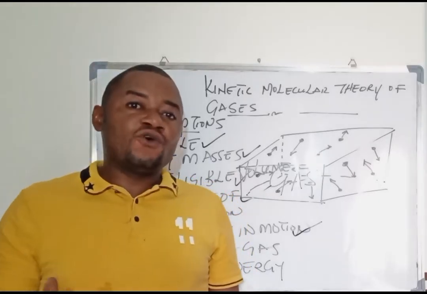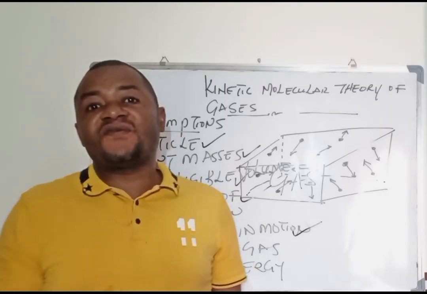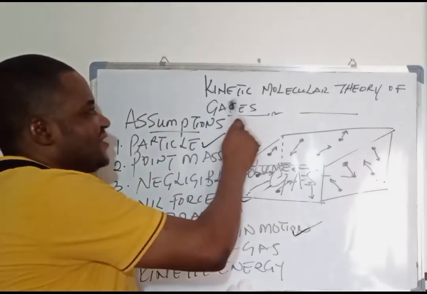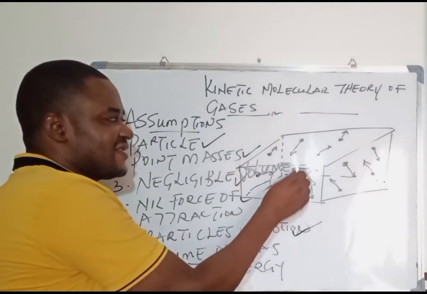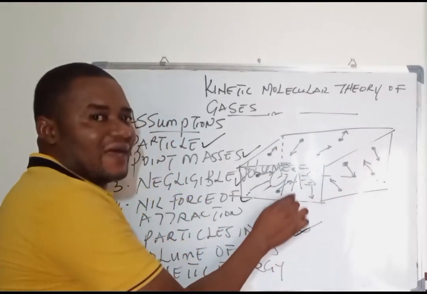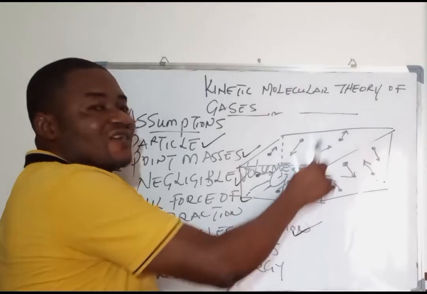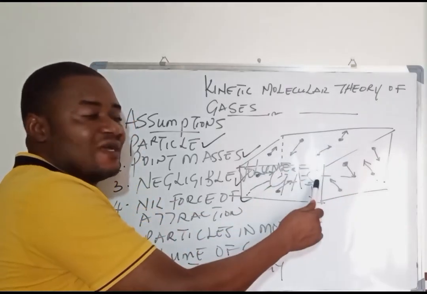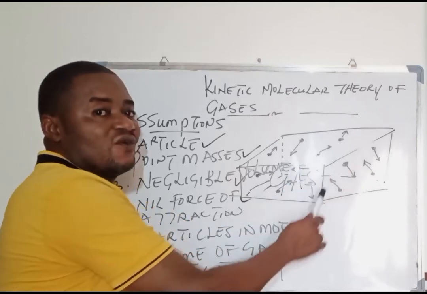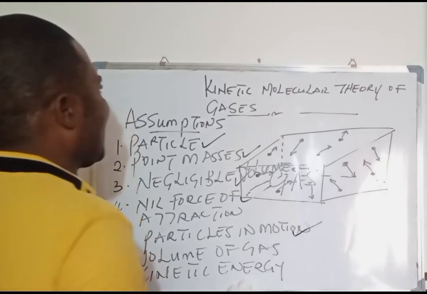And this constant motion gives them the opportunity to either strike themselves or the walls of the container. Because they're in constant motion, they have the possibility to strike themselves or the walls of the container in which they are. Now that is another assumption.